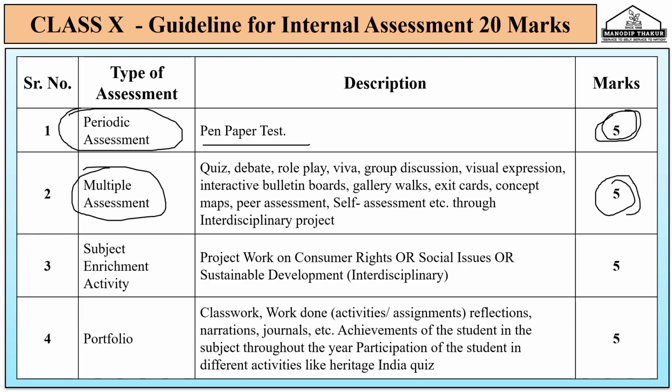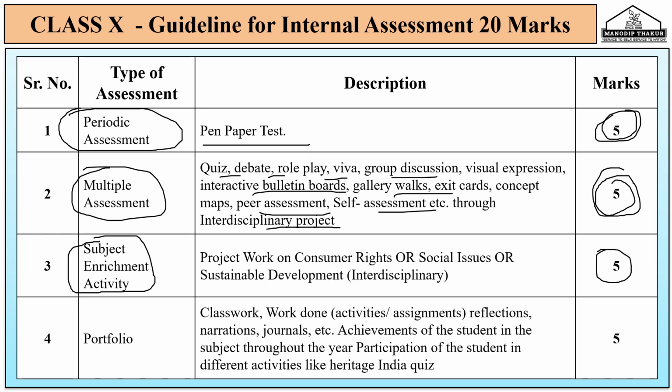Your subject teacher and school will be assessing you at multiple levels, for example quiz, debate, role play, viva, group discussion, visual expression, interactive bulletin boards, gallery walks, exit cards, concept maps, peer assessment, self-assessment, etc. through interdisciplinary projects.